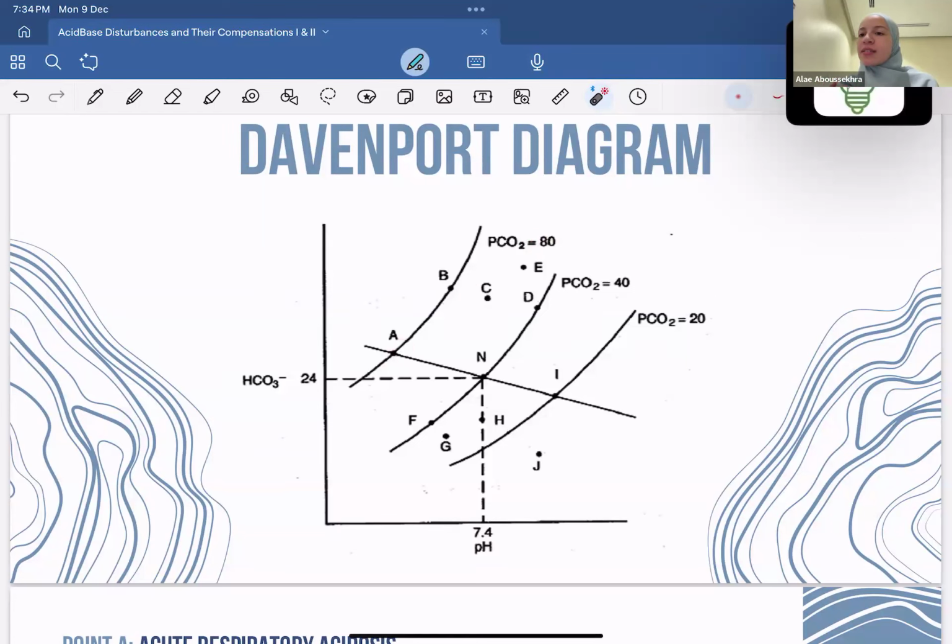It's at the 80 partial pressure of CO2, which obviously tells us that there's a respiratory problem. But since it's on the buffer line and bicarbonate didn't really change, that tells us that there wasn't a compensation. Bicarbonate still didn't compensate. So we can deduce that point A is an uncompensated or acute respiratory acidosis. Does that make sense?